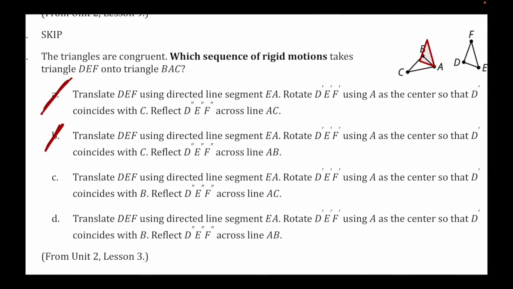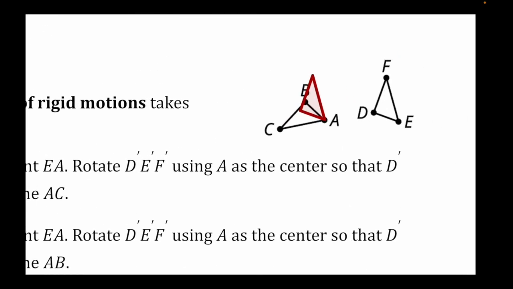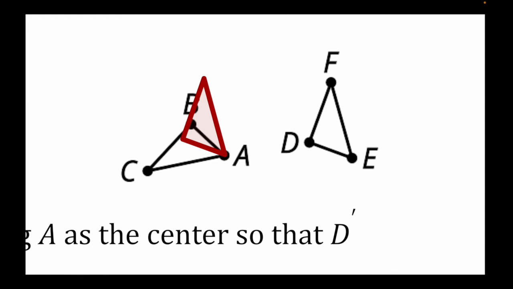Our bottom two options are going to have D prime coincide with B. And that is actually what should be the case. So if we look here, D should be coinciding with B. So they would say, hey, take this, rotate it. So I'm going to rotate it, but they're saying rotate it this way around A so that these bottom pieces then match up.